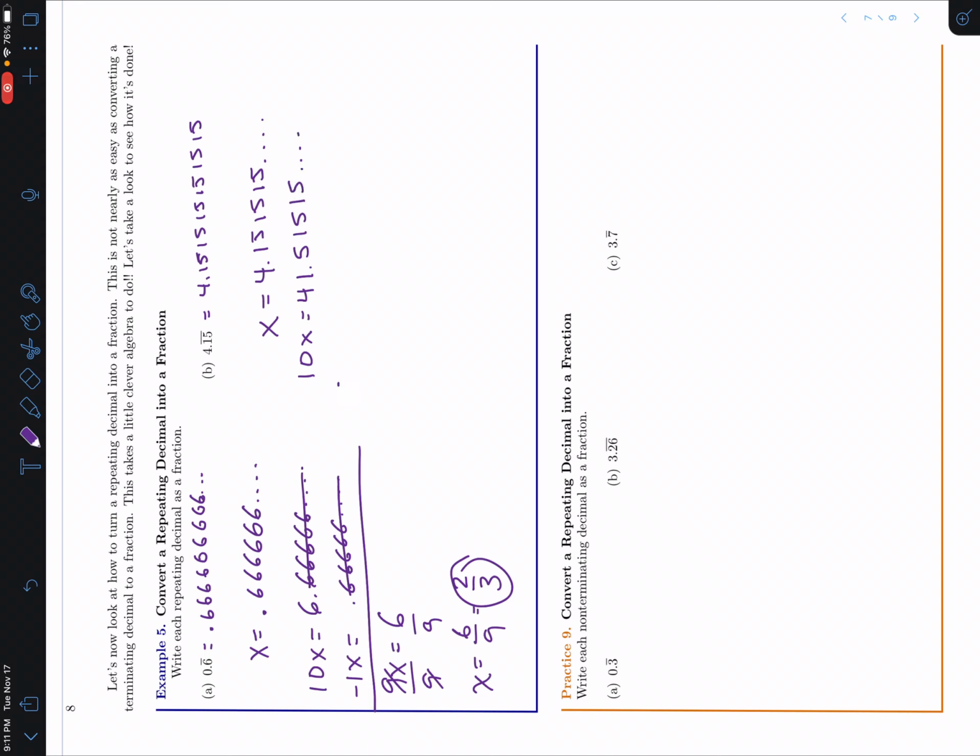And then if I subtract x, what do you notice? Well, hopefully nothing good, because if I've got these lined up correctly, I've got the 5 over the 1 over the 5, and so when I subtract, I'm going to get stuff still in the decimal, which is not really helping me at all. So multiplying this by 10 didn't really work in this case.